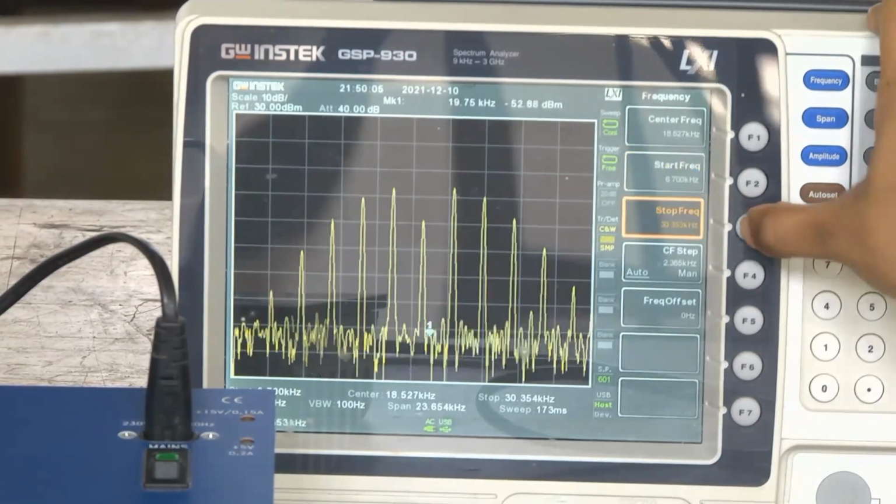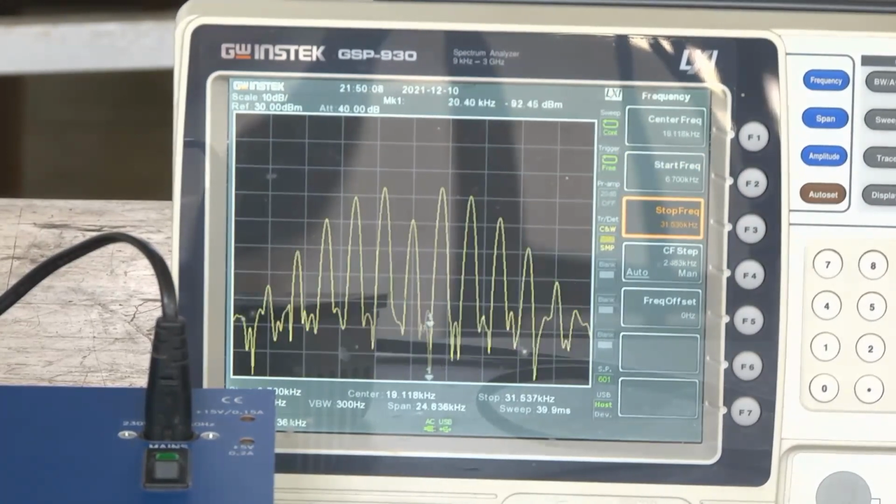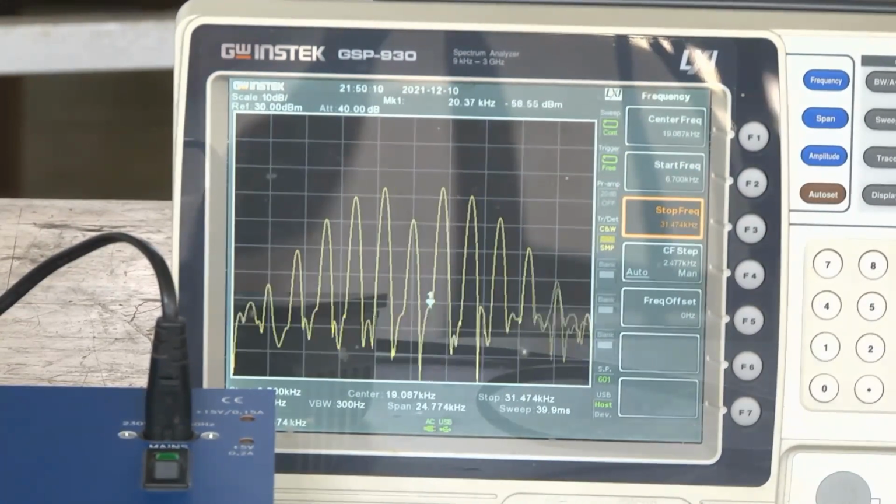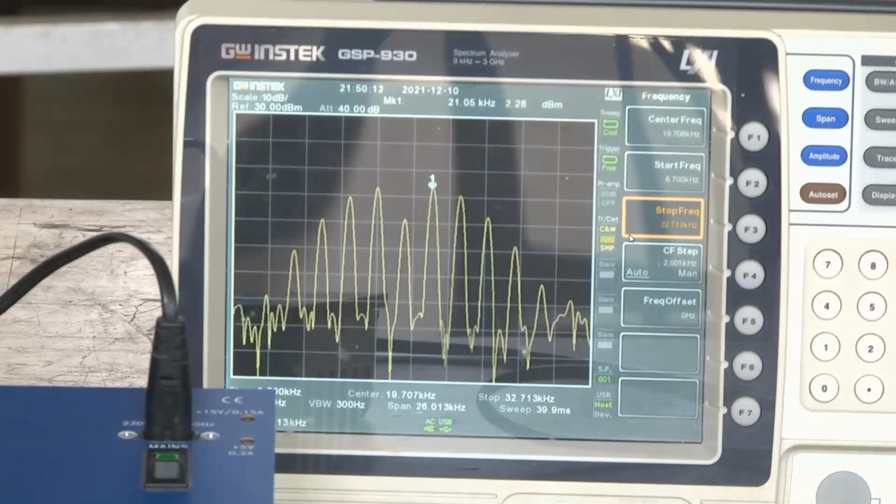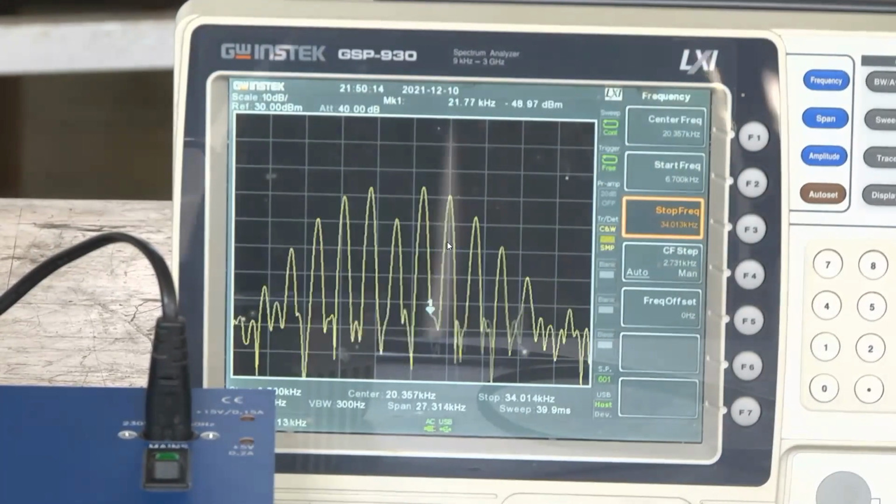Here I can't see the whole spectrum well, so I am changing the start frequency and stop frequency values so I can clearly see the spectrum.